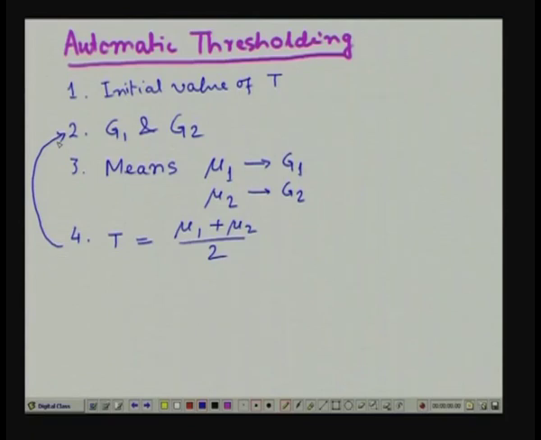So, what we are doing is choosing an initial value of threshold. Using that initial value of threshold, we threshold the image. By thresholding, we separate the intensity values into two groups G 1 and G 2. For group G 1, I find the average intensity value mu 1. For group G 2, I also find the average intensity value mu 2.